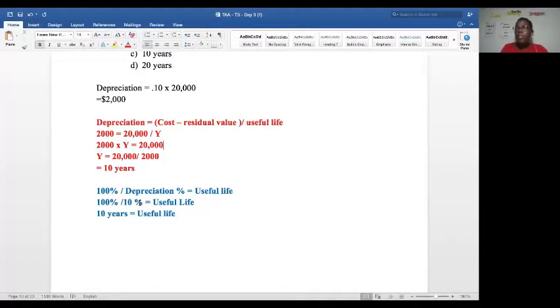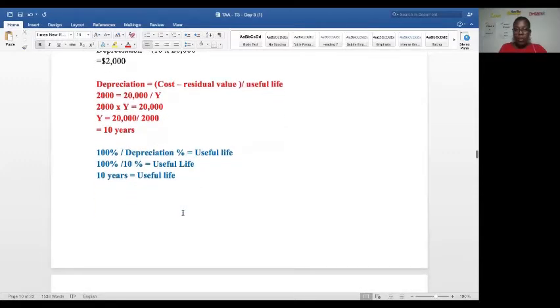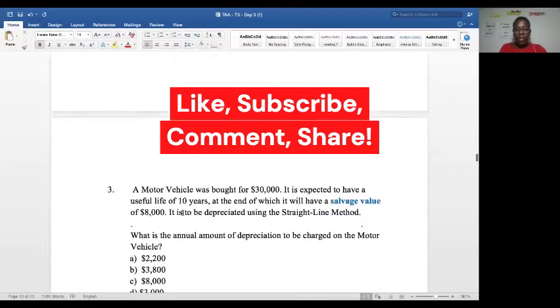Or how many times 10% could go into 100? Right? I particularly like to use this last method. If you're just thinking quickly, you see something has a depreciation factor of 25% or 50% or 15%, you could just take the 100 divided by the depreciation factor, and that's going to give you your useful life. Whichever one works for you, please go ahead with that, whichever one is simpler.